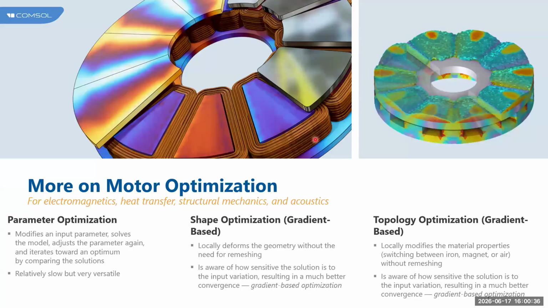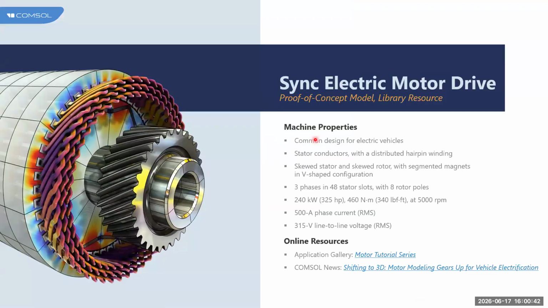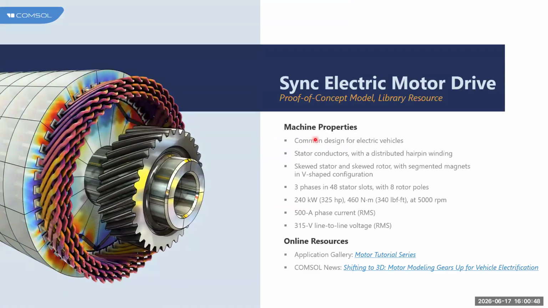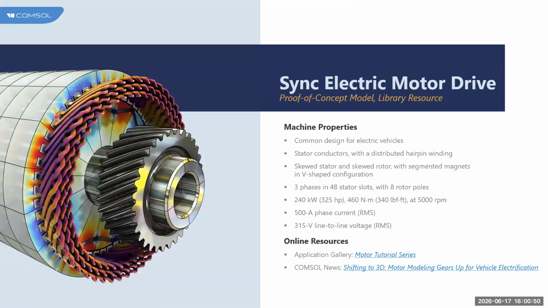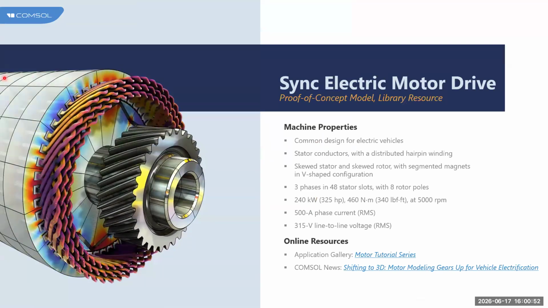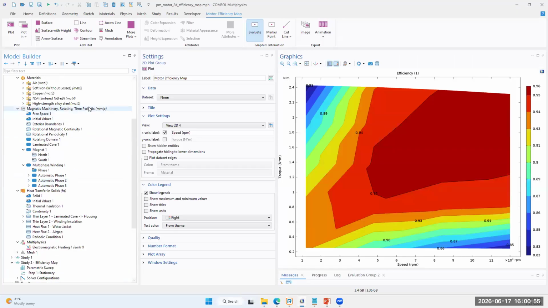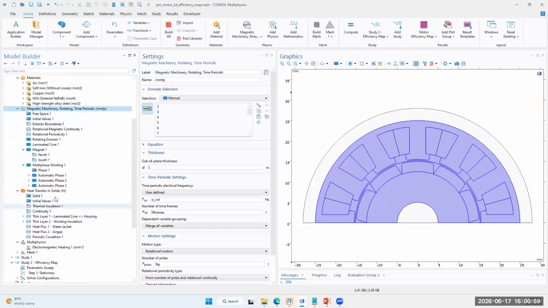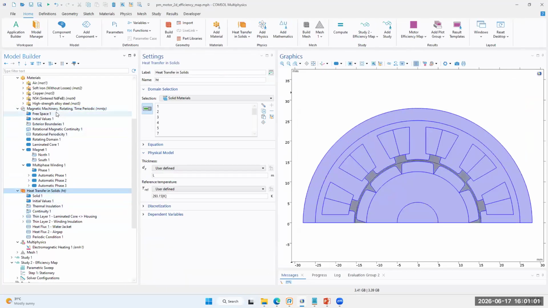Yes. So as we had seen, this question mainly relates to the demo model that we had discussed, where we were producing the efficiency map or temperature map. So you can always couple COMSOL simulations. As we had talked about, the rotating machinery physics simulations can be coupled with heat transfer physics. So it is done in a single platform.